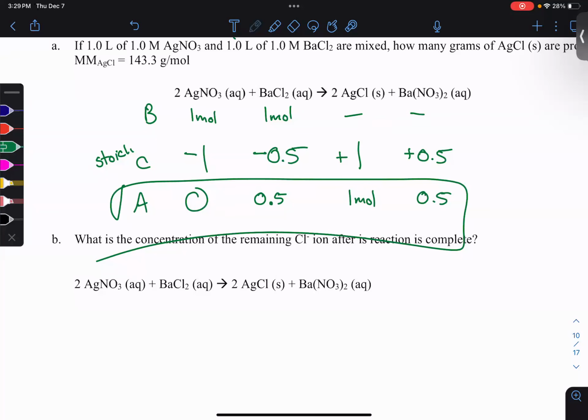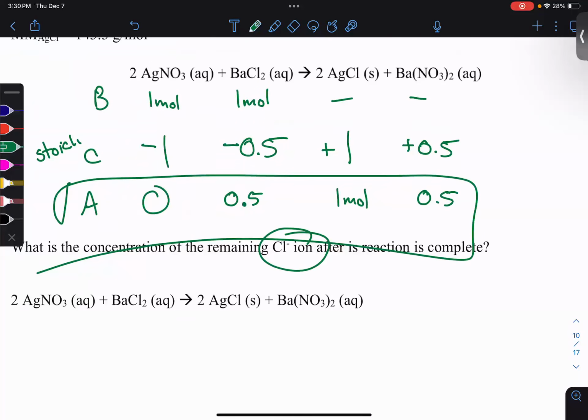So if I want the concentration of chloride ion, I need to ask myself, what in this container, all of this is in my beaker, what contributes chloride ion to my solution? Does barium chloride give me chloride ion? Yes. Does silver chloride give me chloride ion? No. Why? But there's a chlorine in it.